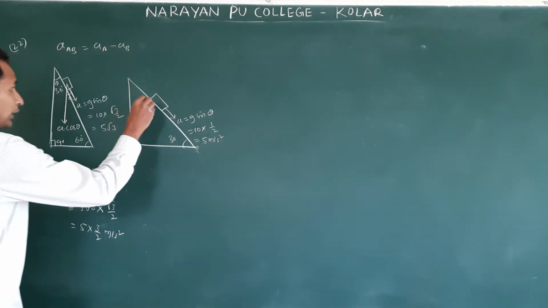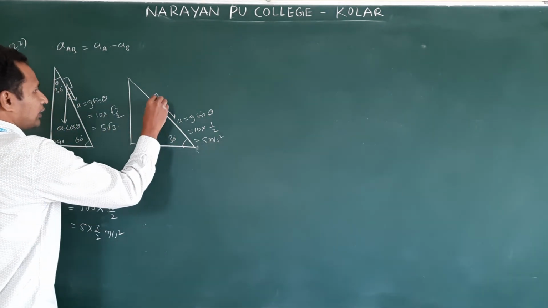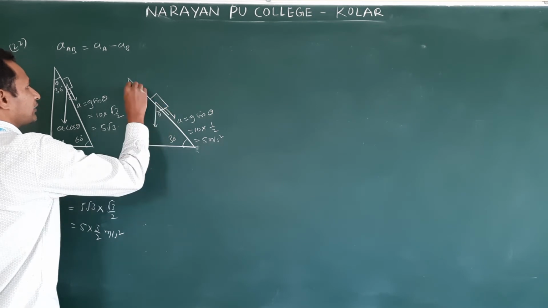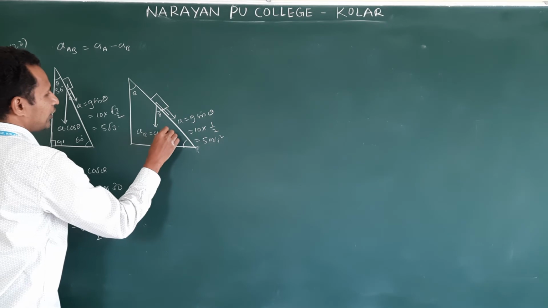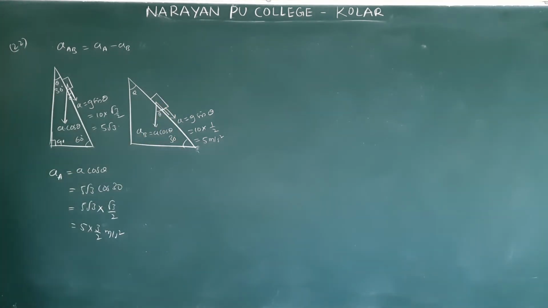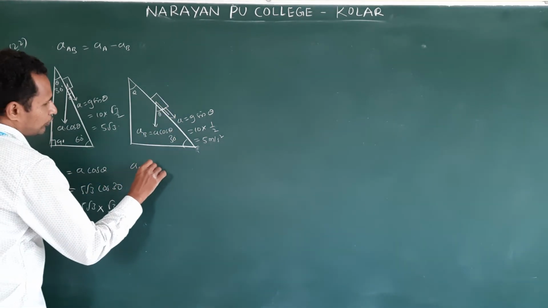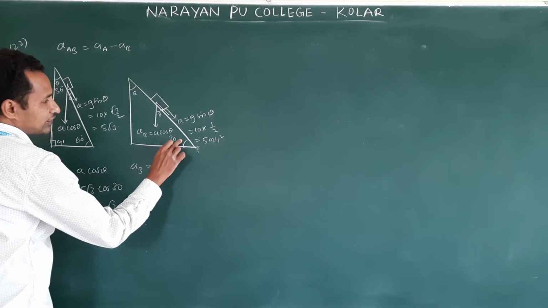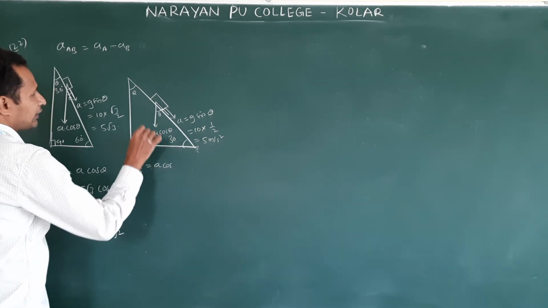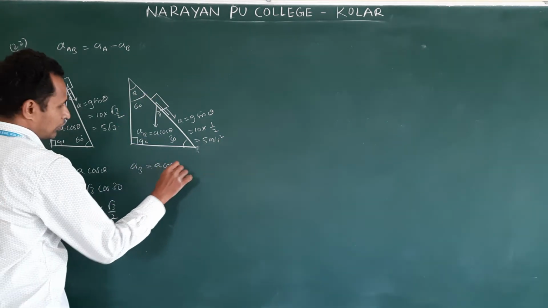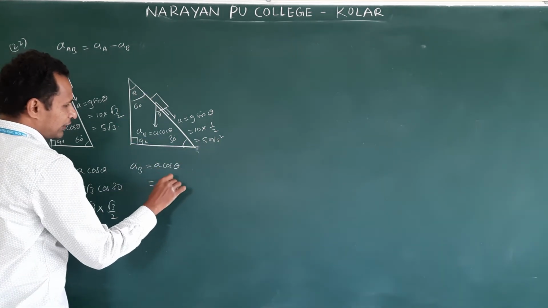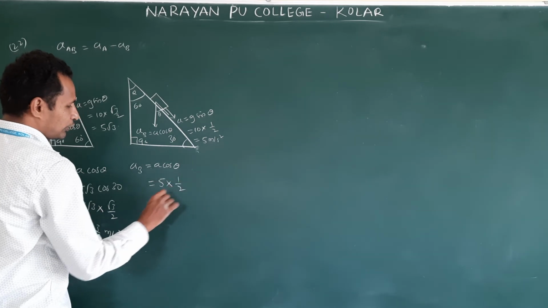But they are asking for the vertical acceleration. This one. This angle is theta. Here a_B is equal to a cos theta. How do you write a_B is equal to a cos? This is 30, this is 90 and this is 60. So a already calculated is 5, cos 60, 1 by 2.